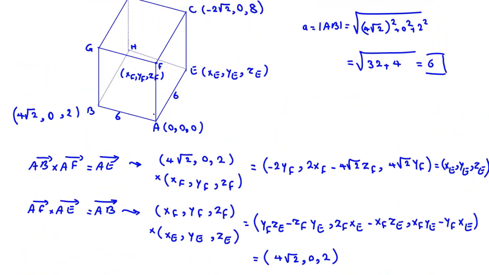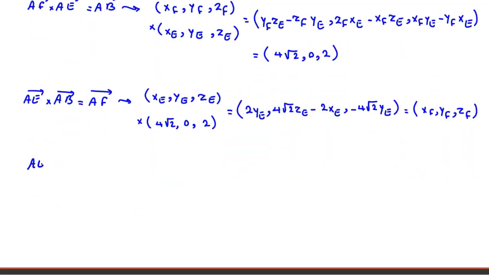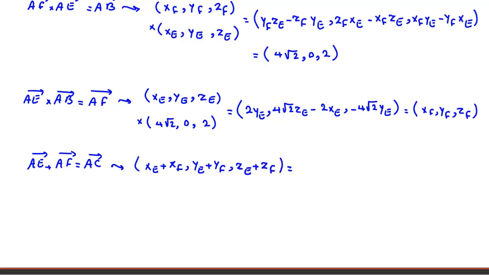Also, look here. Because we have C, we know AE plus AF equal to AC. So AE is (XE, YE, ZE) plus AF, which is (XF, YF, ZF), equal to AC.